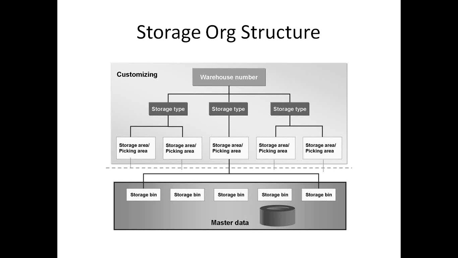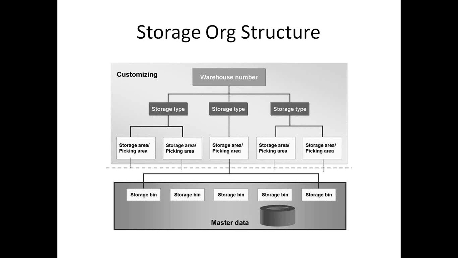It is not mentioned here; that will be seen on the next screen, I believe. So the warehouse number is subdivided into storage types, storage types into storage sections, storage sections into storage bins, and the storage bin into quants.